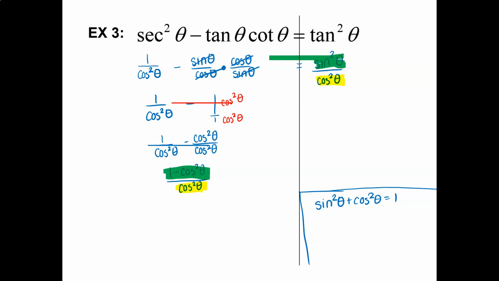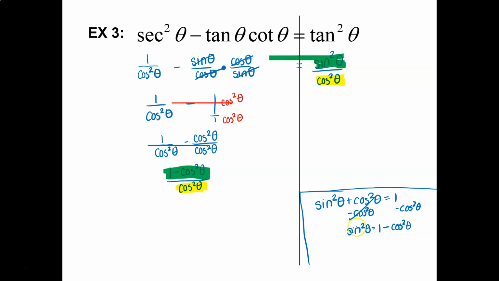Would it be mathematically possible for me to subtract cosine squared theta here and subtract cosine squared theta here? So I would have sine squared theta equals 1 minus cosine squared theta. And that is mathematically correct to do, right? I can just move that over to the other side. So this is still equivalent.